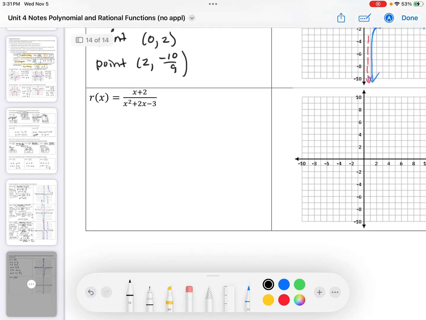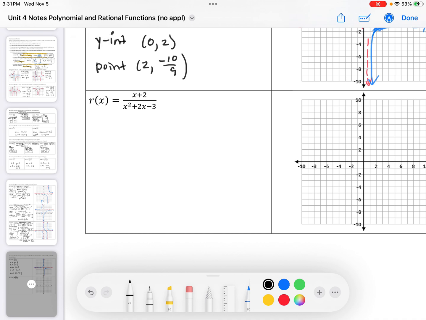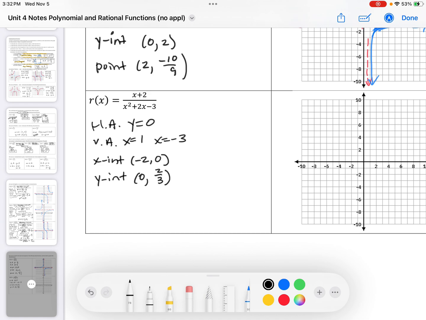All right, and then the next example, just writing down the information first. Horizontal asymptote y equals 0 because we had bottom heavy. We've got 2 vertical asymptotes. We have an x-intercept at -2, 0, a y-intercept at 0, 2/3. And then I had to plug in some more x values to get coordinate points.